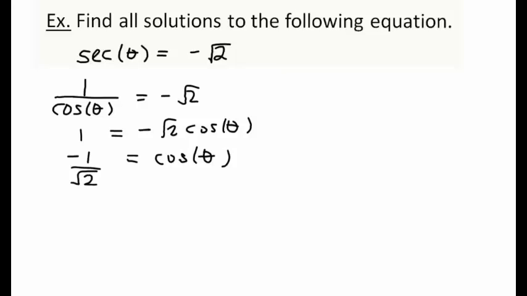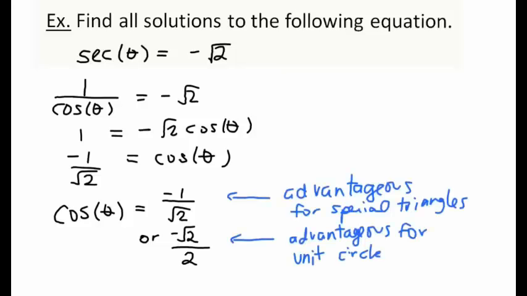And I'm just going to flip the order so that cosine is first. So we know here that cosine of theta is going to be equal to negative 1 over root 2. Or we could alternatively think about this as negative root 2 over 2. So here's a moment where I can explain why I care about the 2 different notations here for cosine of theta. Why do I care that negative 1 over root 2 is the same thing as negative root 2 over 2?